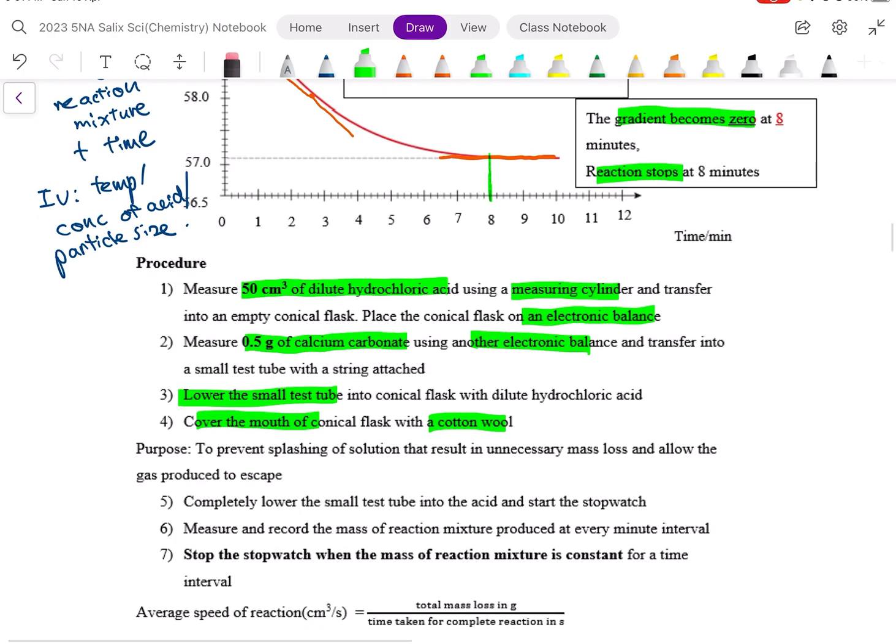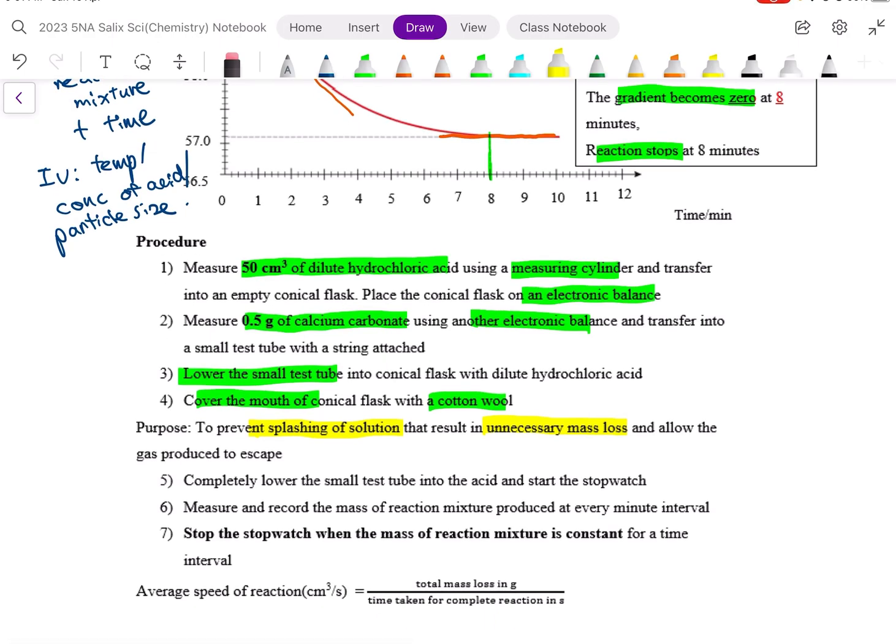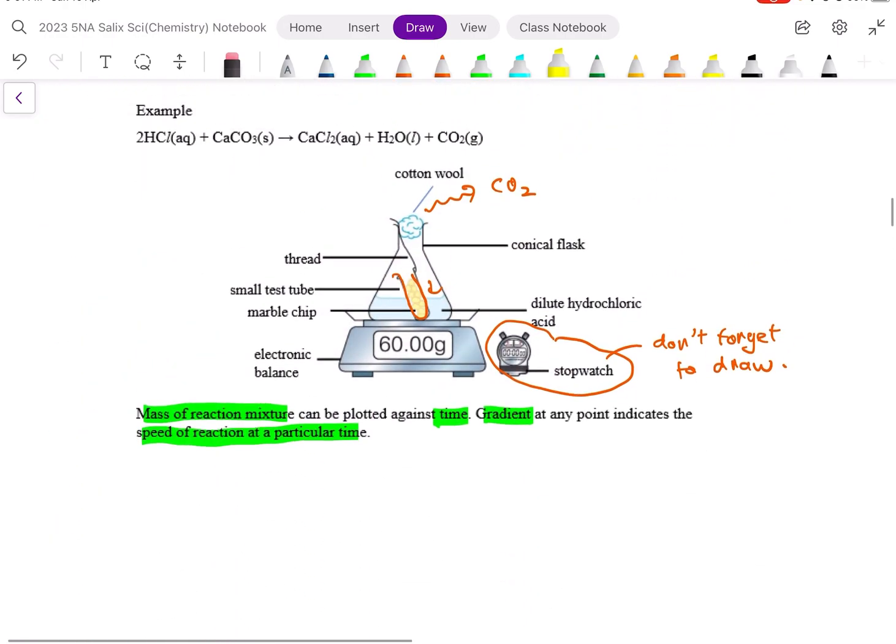The purpose of doing this is so that you can prevent splashing of the solution that results in unnecessary mass loss, and at the same time also allow the gas to escape. So this cotton wool has two purposes: allow the CO2 to escape, plus prevent unnecessary mass loss.